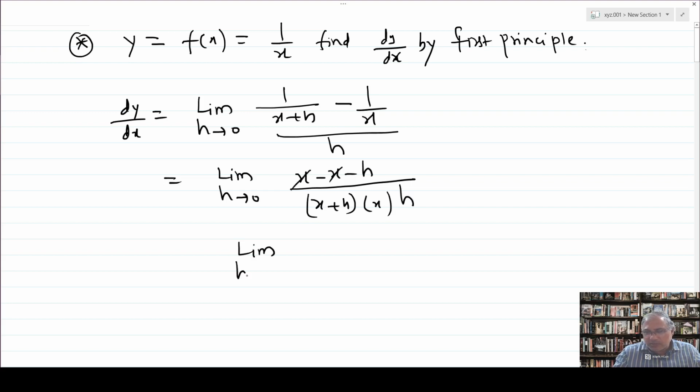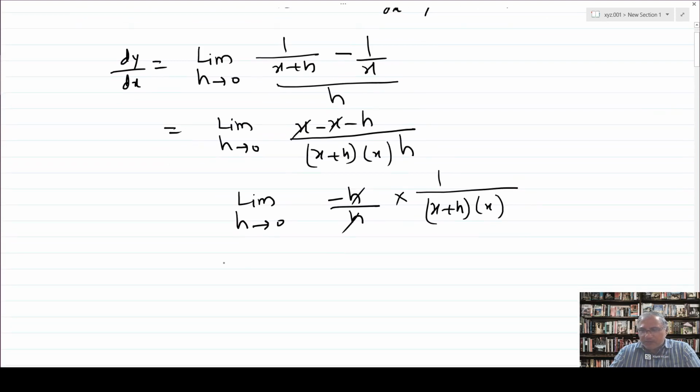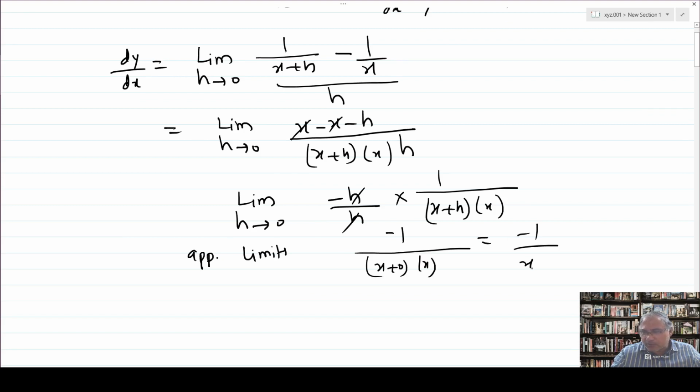So limit h tending to 0, minus h upon h into 1 upon x plus h into x. This h is gone now. After that, applying the limit, therefore minus 1 upon x plus 0 into x equals minus 1 upon x square. Therefore, differentiation of 1 upon x with respect to x equals minus 1 upon x square.